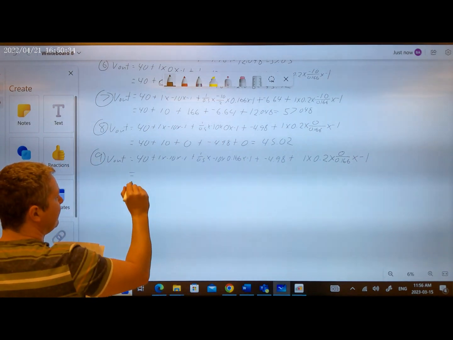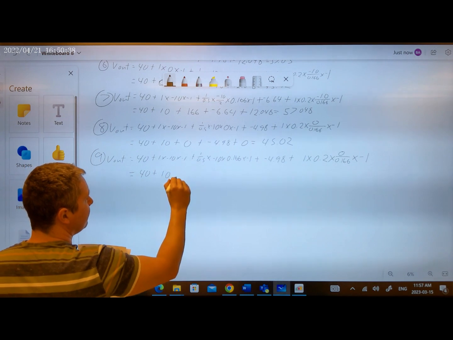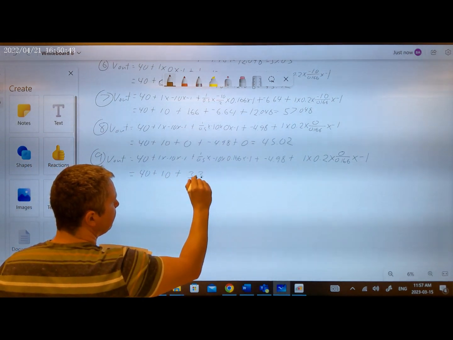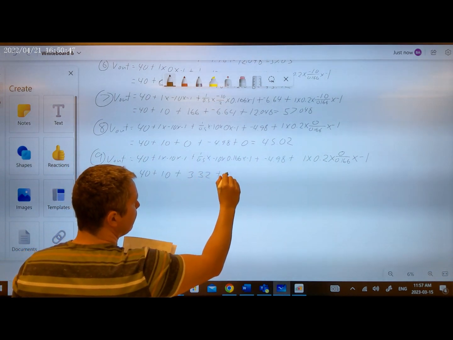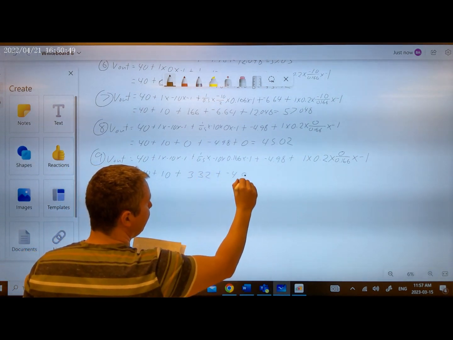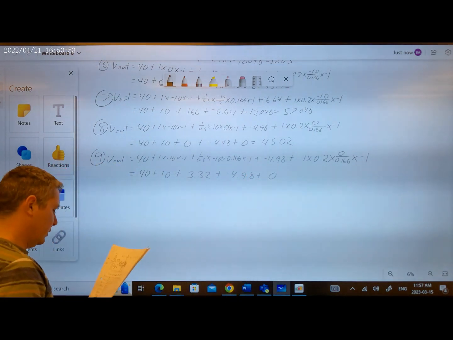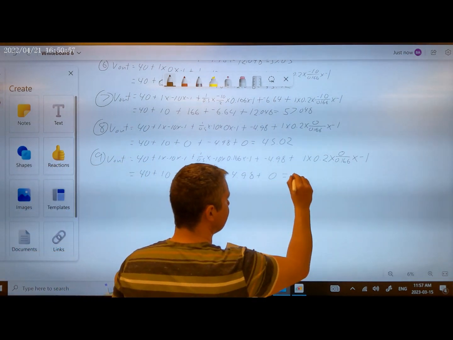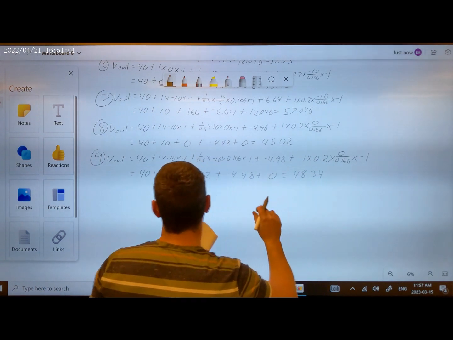That now gives us 40 plus 10 plus 3.32 plus minus 4.98 plus 0, which would give us 48.34.